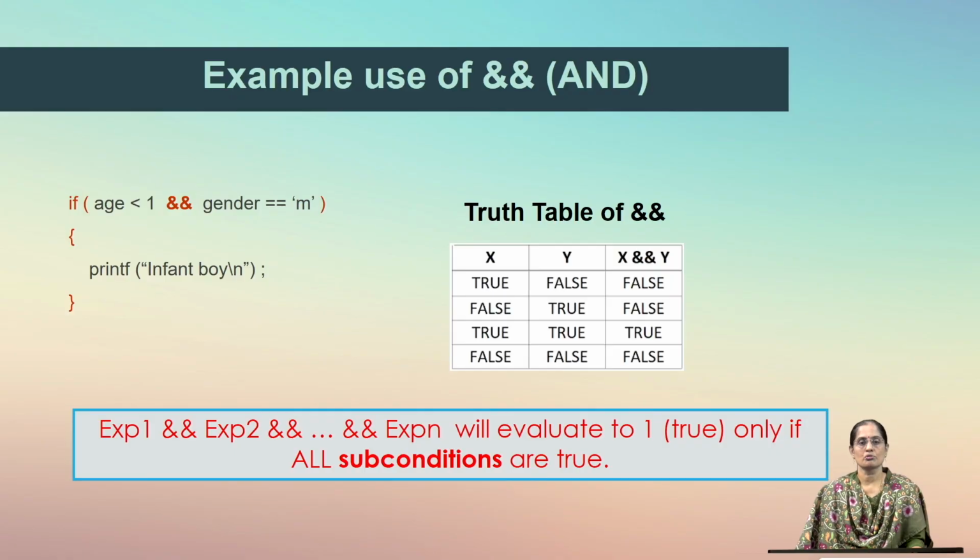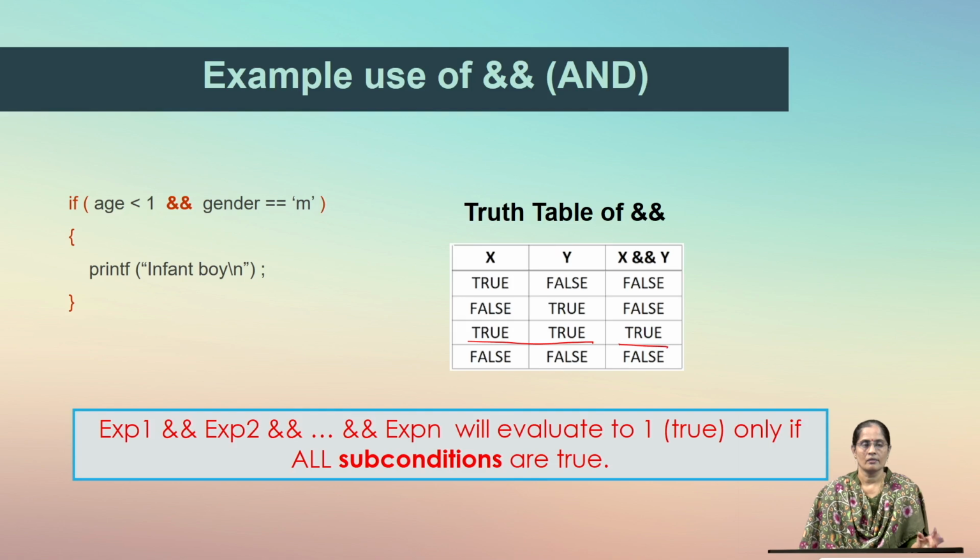Double ampersand is used for the logical AND operation. We can here see the truth table of logical AND, which says that only when all the conditions are true, both the conditions are true, the result will be true. So, here you can see both the conditions are true, hence the result is true. For all other cases, the result becomes false.